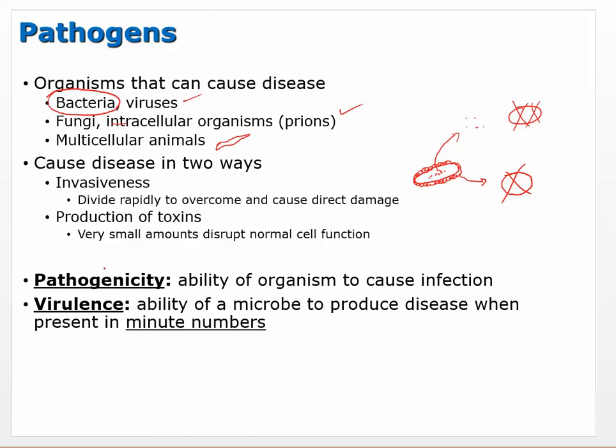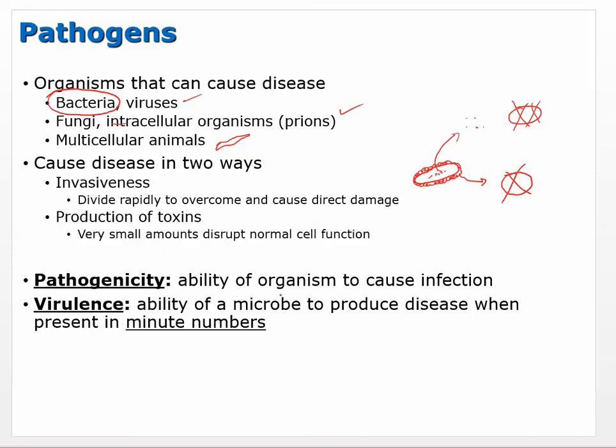A couple of other terms. Pathogenicity: if you think genesis is the origin, pathogenicity is the ability of the organism to cause an infection. Virulence is more like potency, how potent it is. No, it's not a virus, but viruses can be virulent, but really it's just the potency.